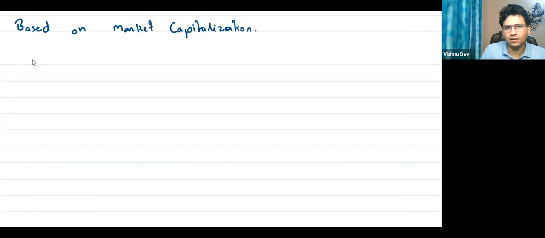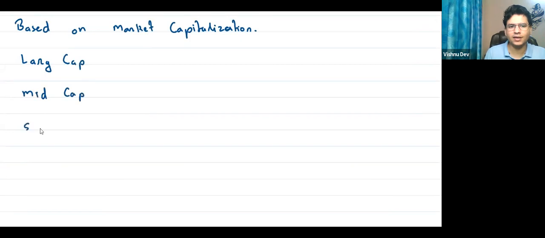First is large cap, second is mid cap, and the third is small cap.